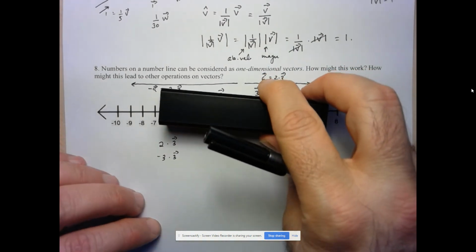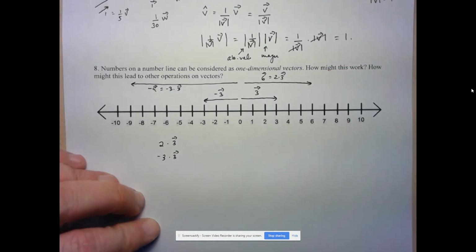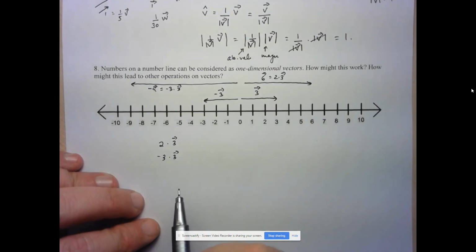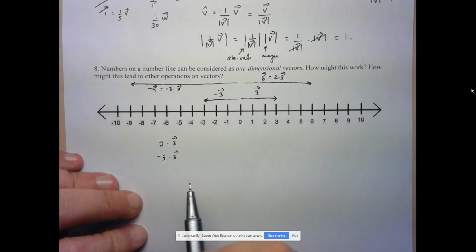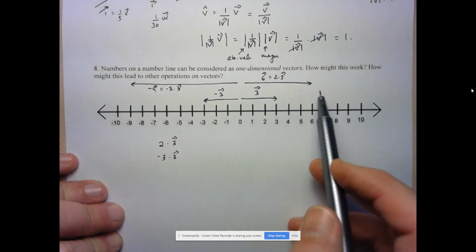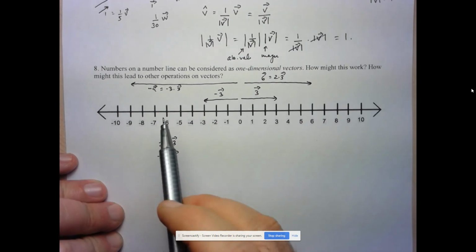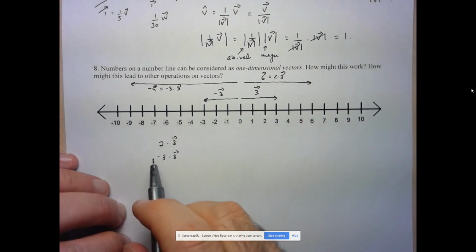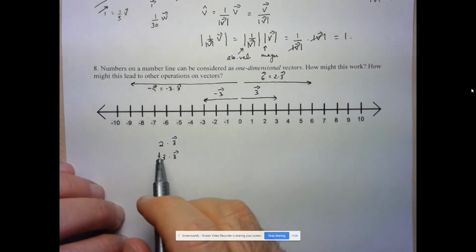I'm going to have to find a way to add the forces together. So we're going to have to talk about adding vectors together. And what we're going to see is we're going to use this idea of thinking of vectors in 1 dimension as inspiration for how we're going to define these other operations that we're going to need with vectors.